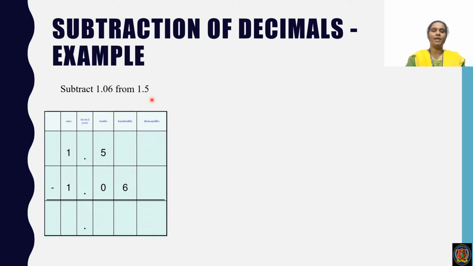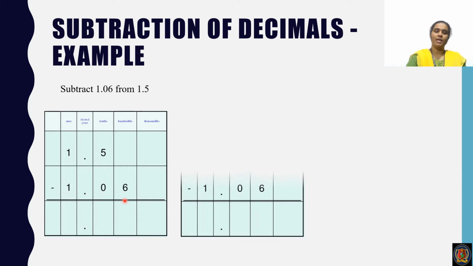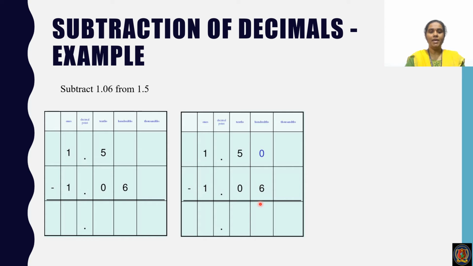First we write the given numbers in the correct places with the decimal point: 1.5 minus 1.06. The next step is making them like decimals. 1.5 I write as 1.50, minus 1.06.